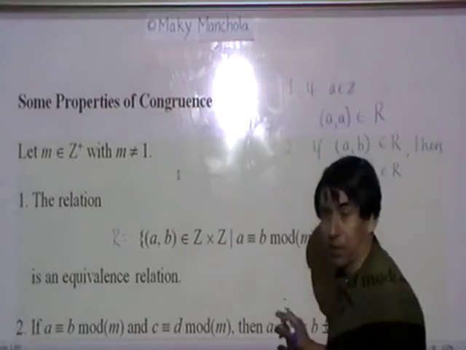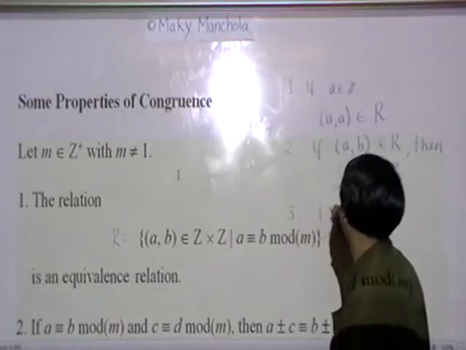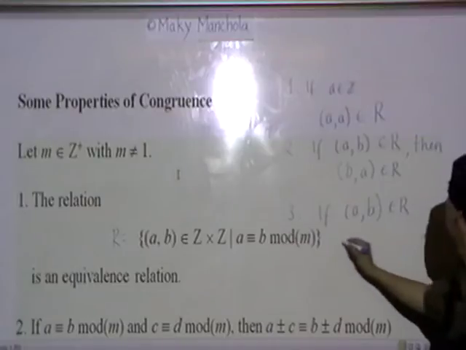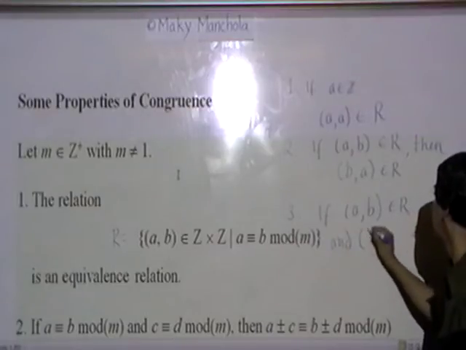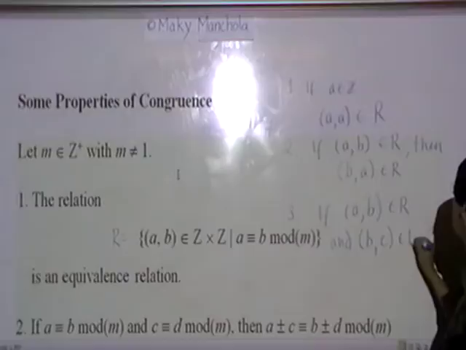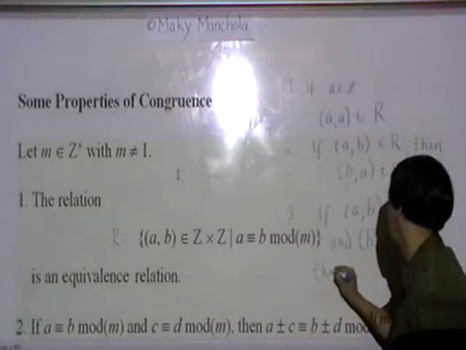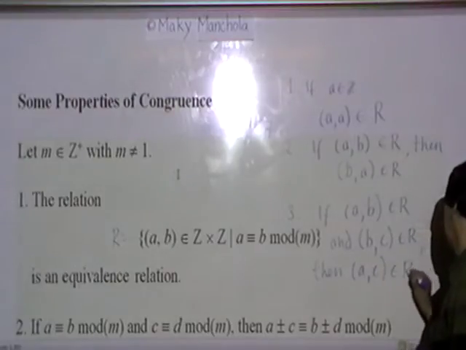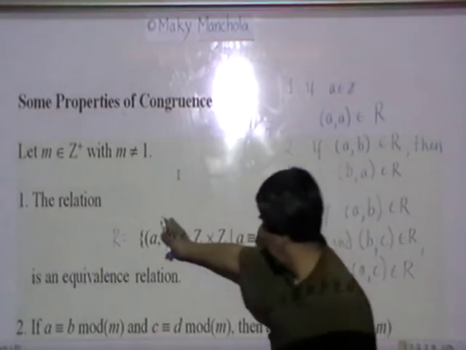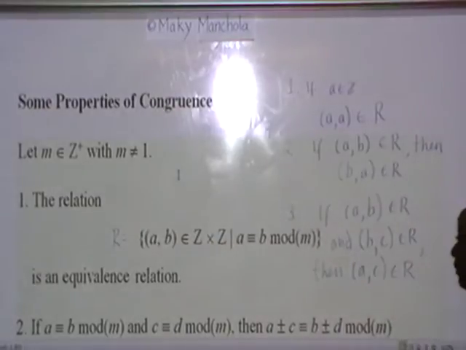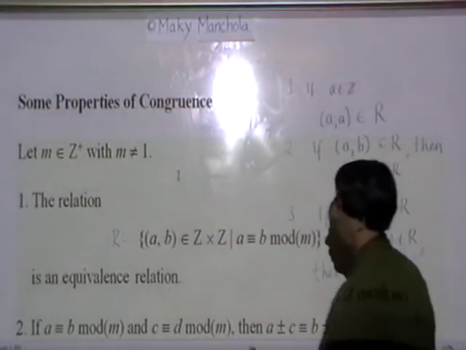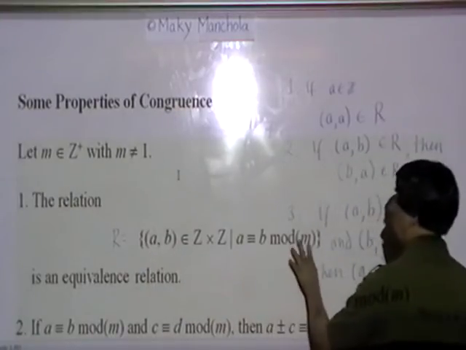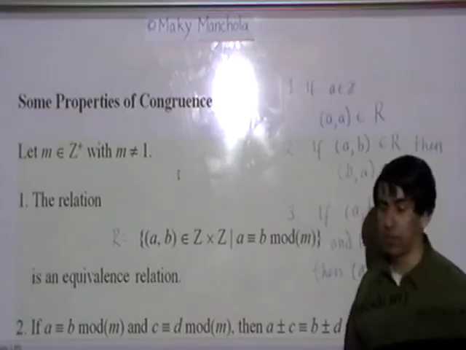And the third one is if A comma B belongs to the relation and B comma C belongs to the relation, then A comma C belongs to the relation. So this relation, defined as the set of ordered pairs AB, which are integer ordered pairs, such that A is congruent to B mod M, is an equivalence relation.